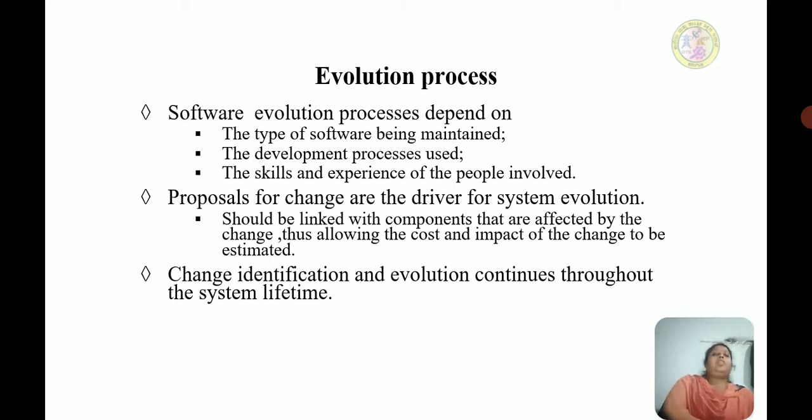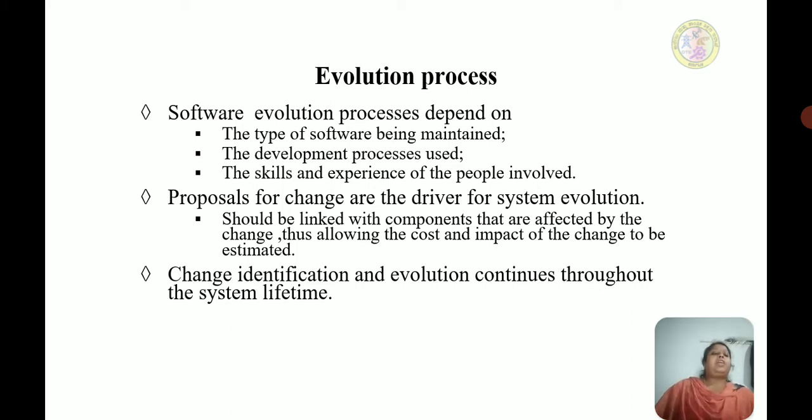Next is the proposal for a change, or the driver for the system evaluation. The software has to be linked, one module with another module, one method with another method, or one interface with another interface. It should be linked with the components or objects that are affected by the change.